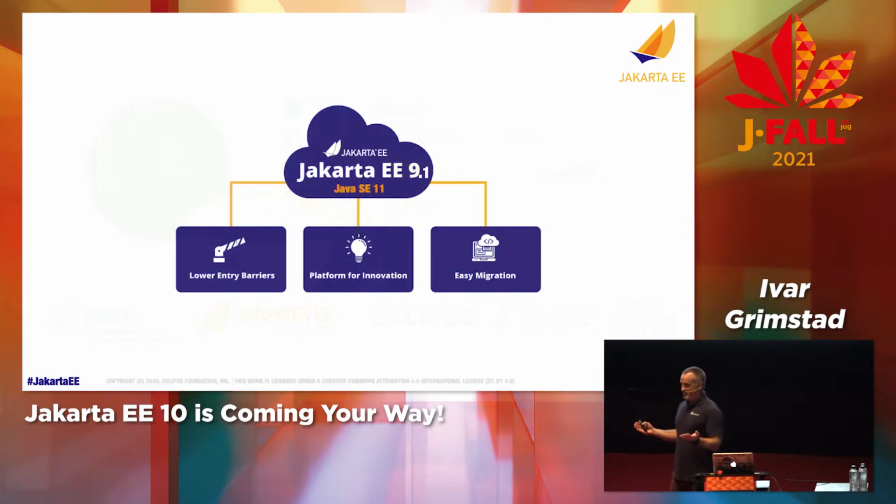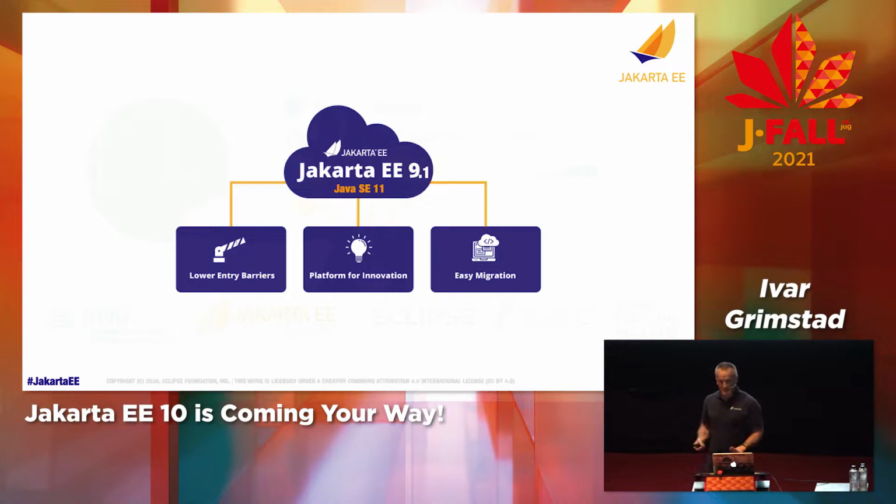Before I start talking about Jakarta EE 10, I want just to recap a little bit about what's in Jakarta EE 9. Jakarta EE 9 was followed pretty quickly after with a 9.1 release. This is the first time we actually did a dot release in Jakarta EE or Java EE.